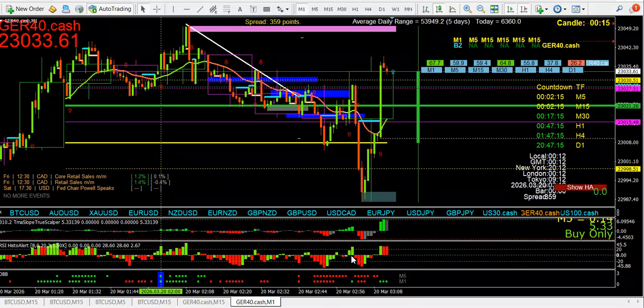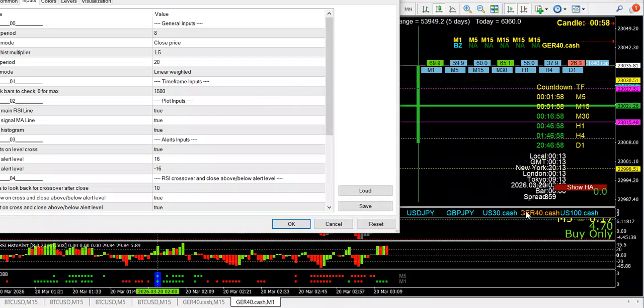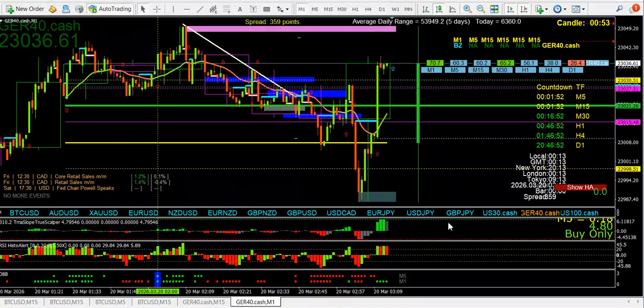In fact, we can change that and see what it would have done. Buy alert 16. Oh, they are set to that. It's just the actual, I apologise. I've set it to my level. It's just the levels on the chart that are wrong. So it kicks off at 16. So that is right. That's the momentum.